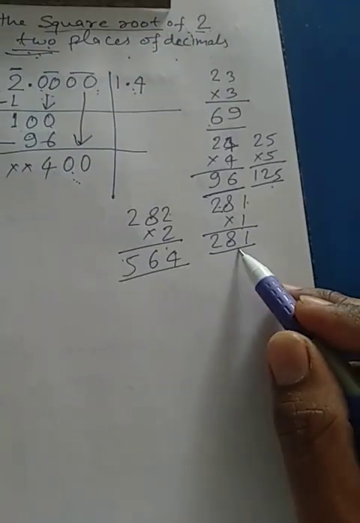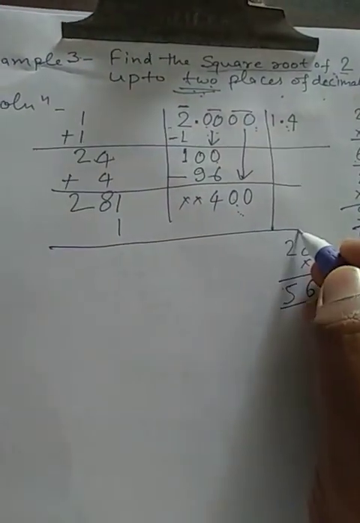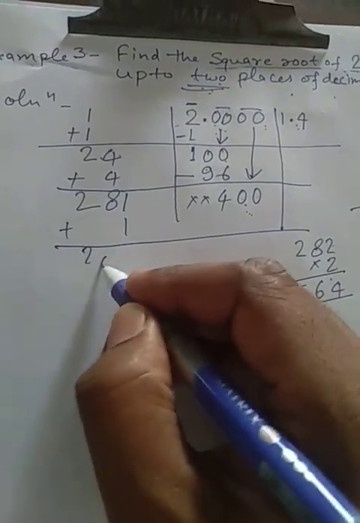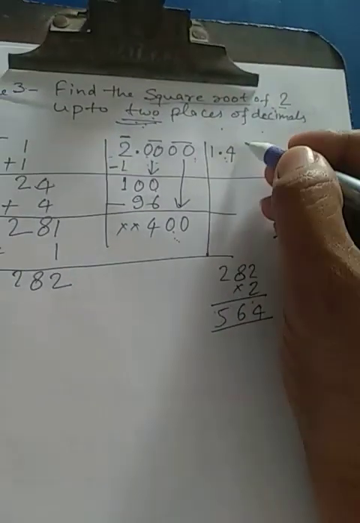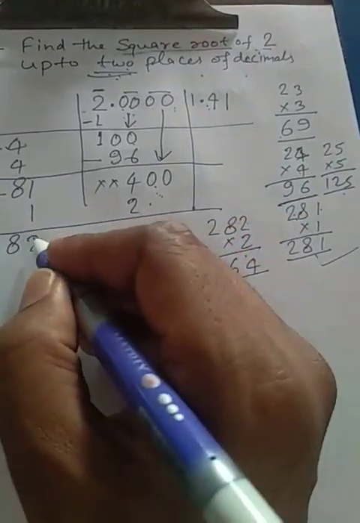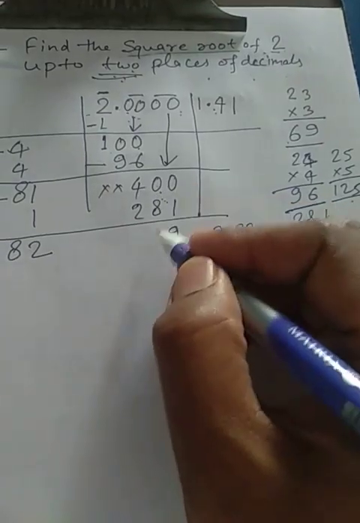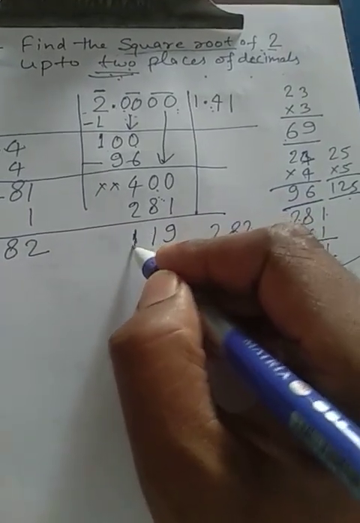So we can use only 1. So if we put here 1, then it will be 282, and here we have to write 1, and then it is 281. Now subtract, 9, 1 and 1.